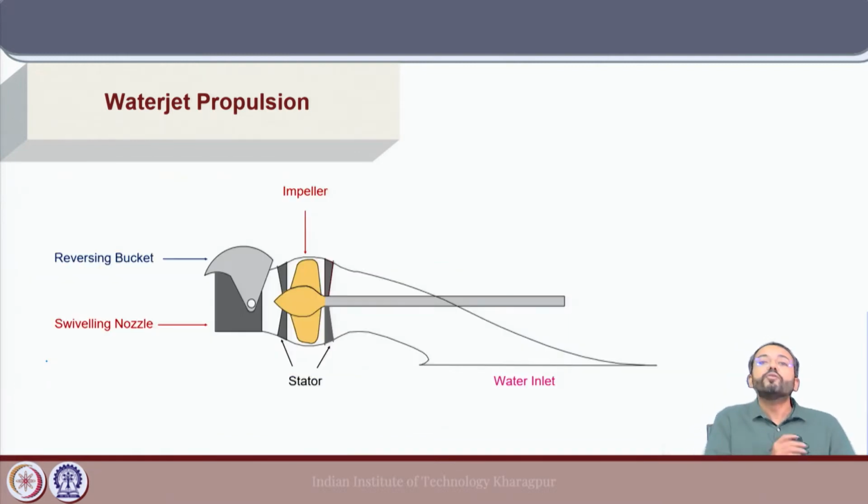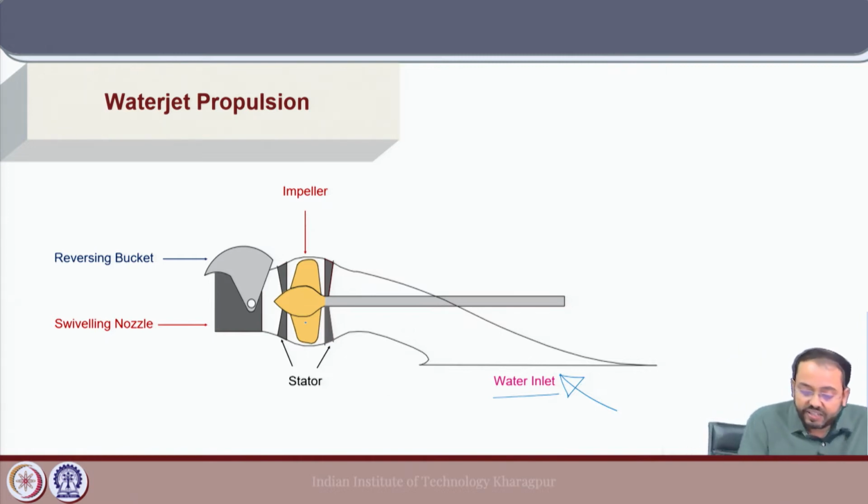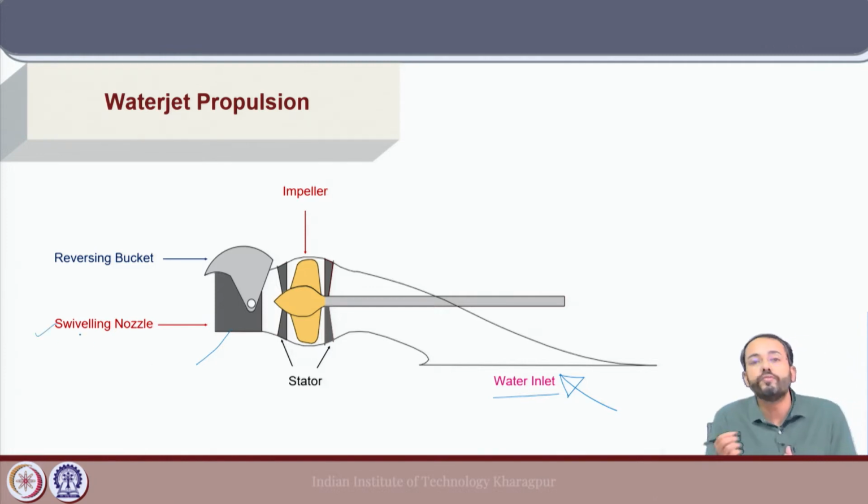Now, let us look into the components of a waterjet propulsion system. We have the water inlet here, through which the water is being drawn into the waterjet propulsion system, and we have the nozzle here which is swiveling in nature.